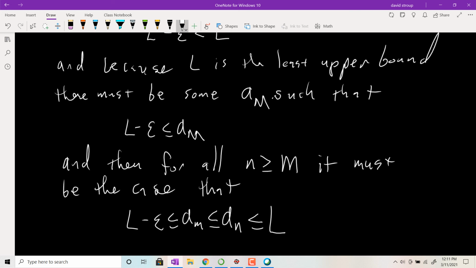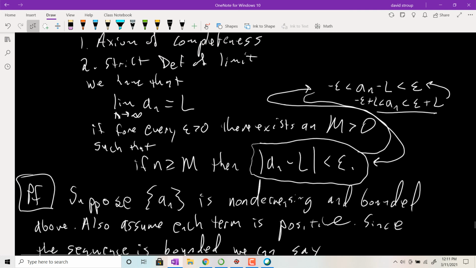All the terms of the sequence, we already said, were bounded above, and because of the axiom of completeness, there's a least upper bound L. And so, we can go one step further and say that this is less than L plus some epsilon. Now we've built that compound inequality.